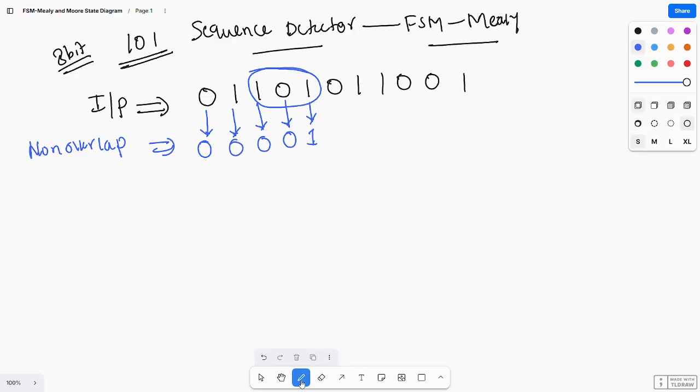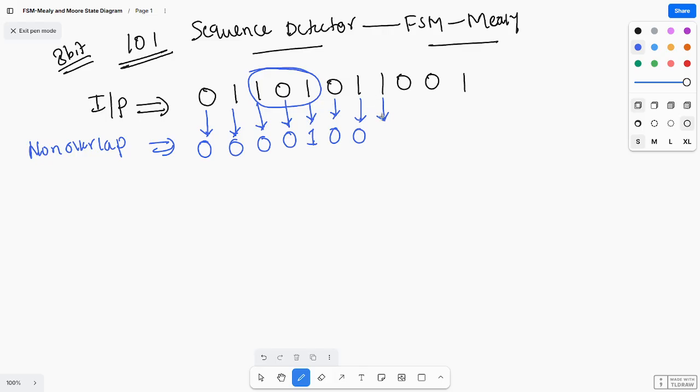So see here, it will start from 0. This is 0 only, and 0 1 1, I didn't get the sequence. Then 0 1 1 0, 1 0, I didn't get the sequence. 1 0 0 1, I didn't get the sequence.